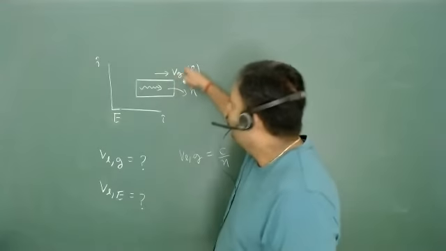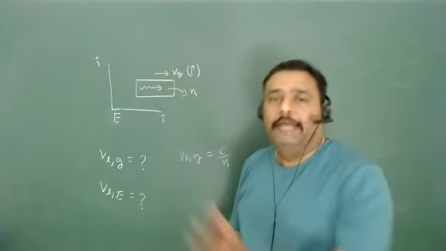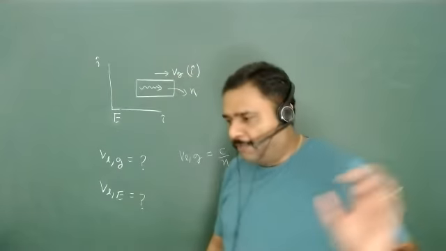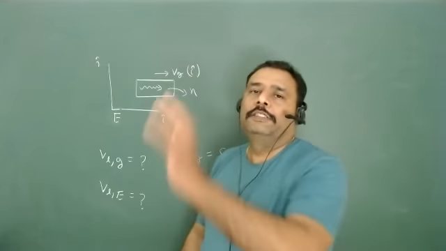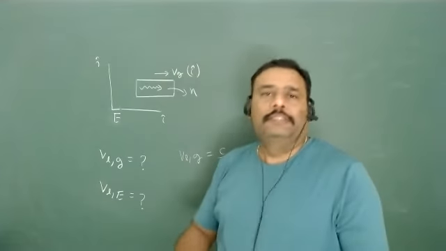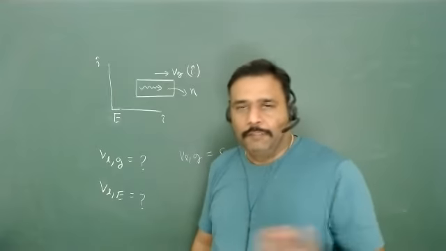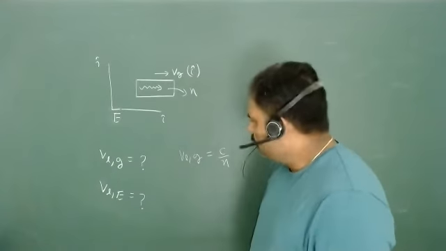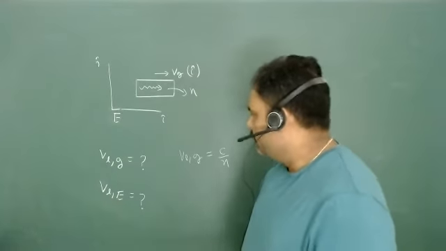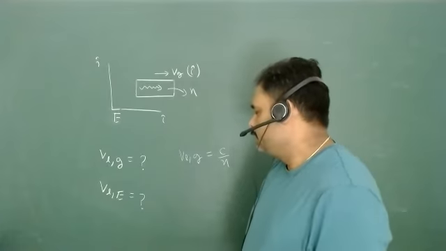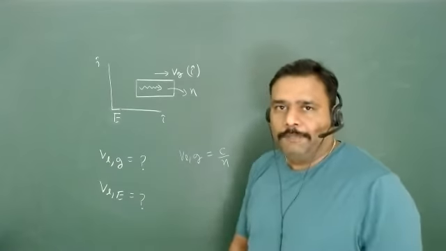And I assume that Vg is a very high velocity, that means it has velocity approaching the speed of light. It can be written as some alpha times the speed of light, where alpha is between 0 and 1. So obviously, we have to use our concept of relative speed.